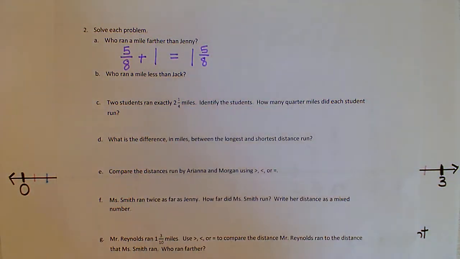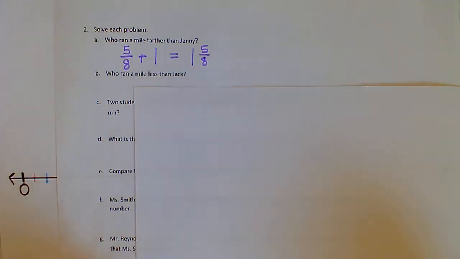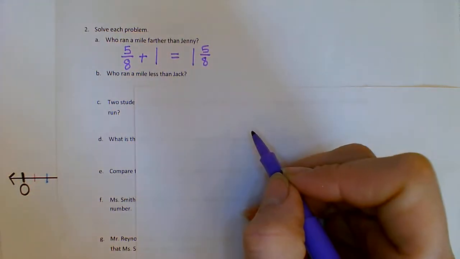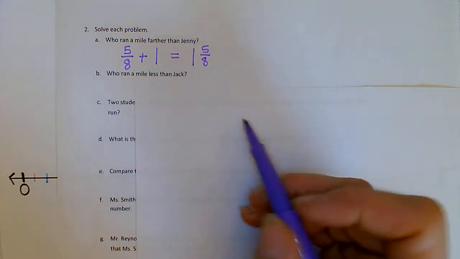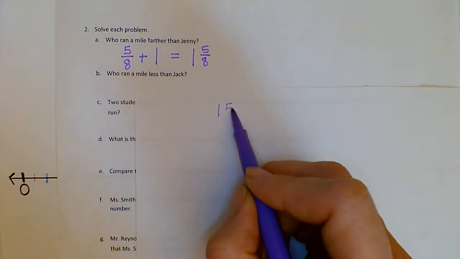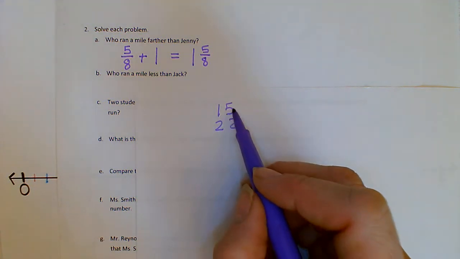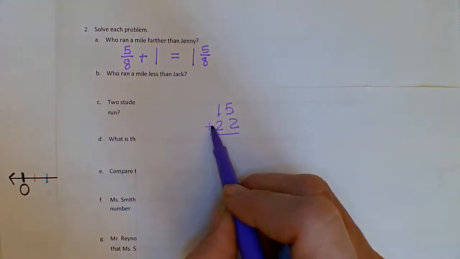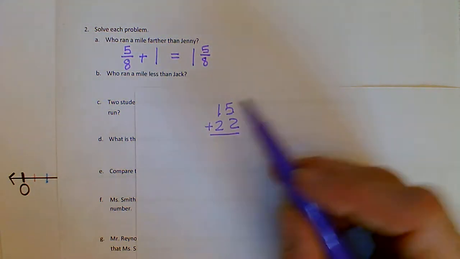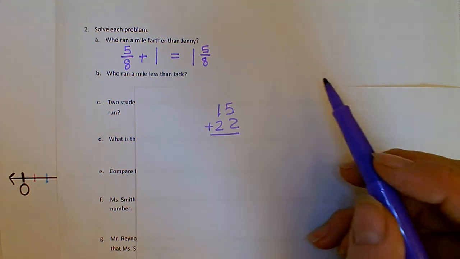Now, I like to give you guys another way of doing this. Some of you really do so much better when we kind of think of how we add vertically instead of horizontally. And just like how we do place values, like if we were adding 15 and 22, we align them and we would have our 1s and our 10s. We're going to do something similar here, where we're going to show our 1s and our fractions.